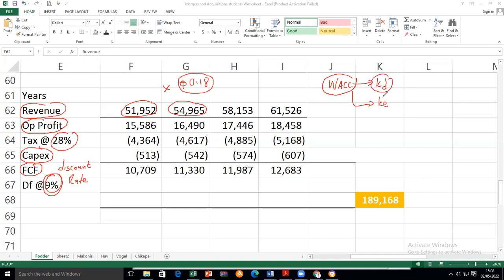We need these two, and also the capital structure. So these are the three items that we need.